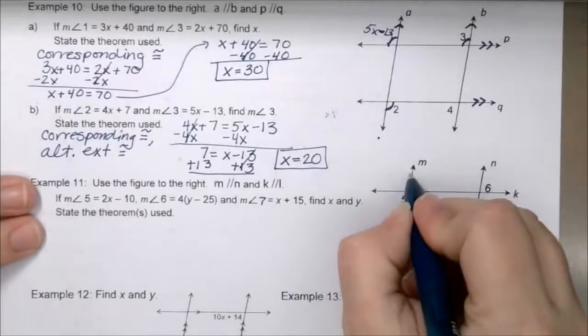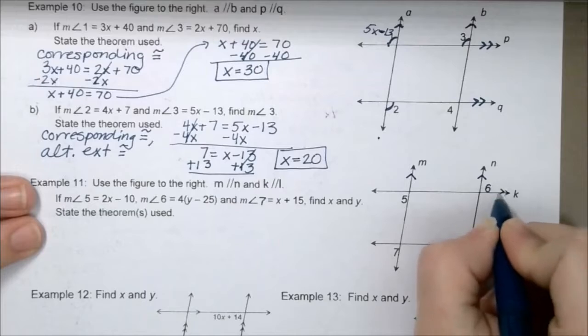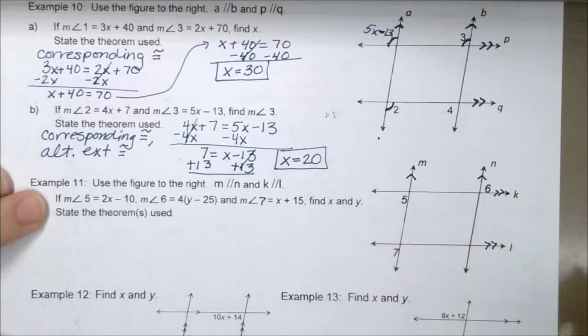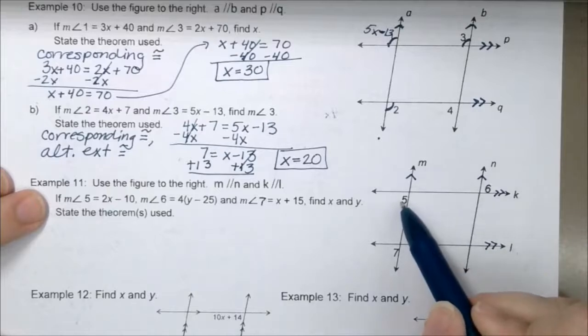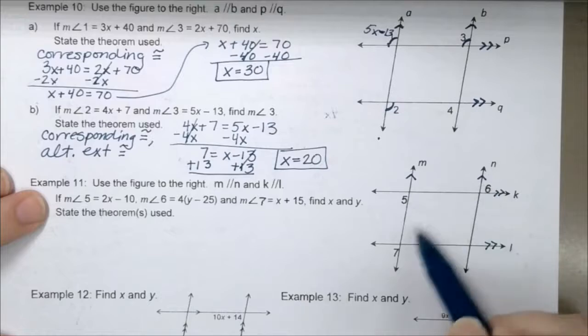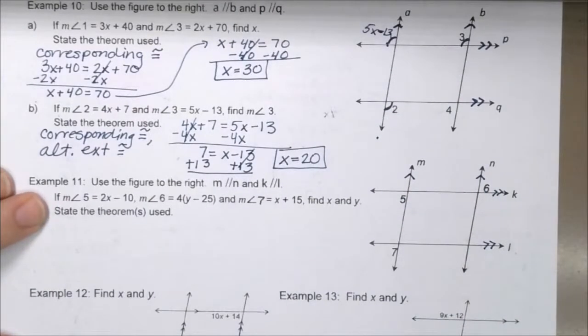Right? 2x minus 10 is equal to x plus 15. So I'm going to subtract x. That gives me x minus 10 equals 15. Add 10. And x equals 25. There's half my answer.